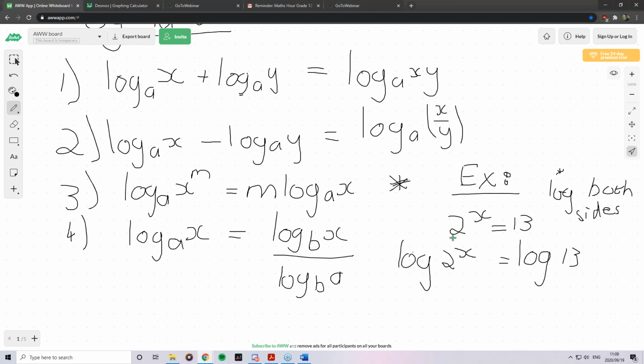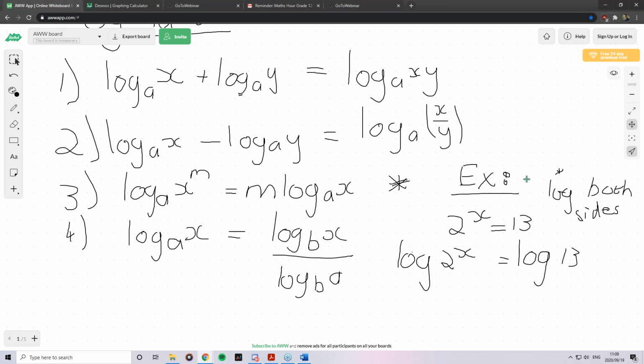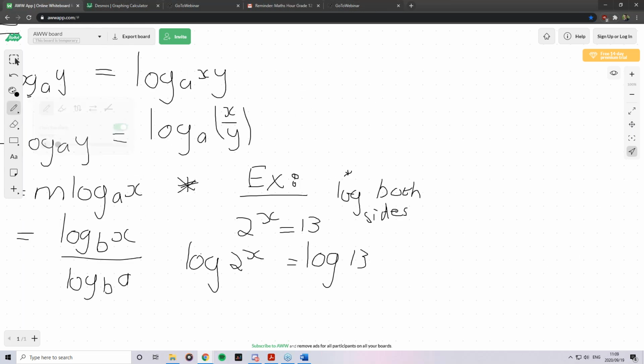And the reason why I don't have log base 2 here is that when you're solving questions where you have to log both sides, you're applying the function log to it. Now the function log has a base. When we're solving equations like this, we just make it 10.